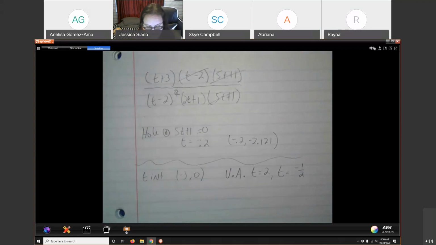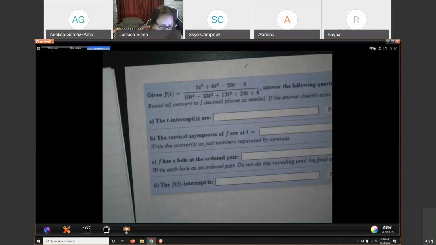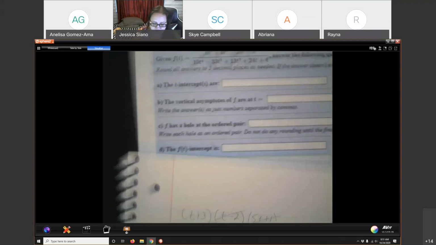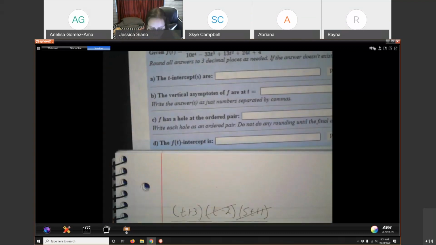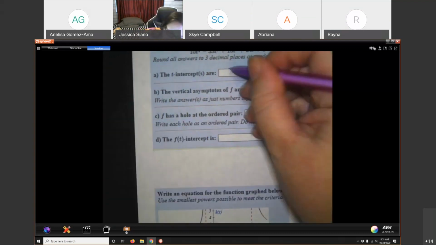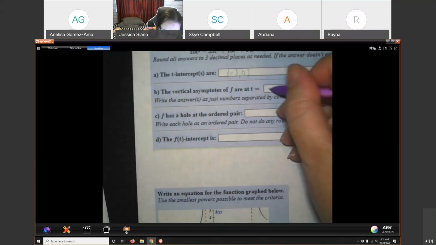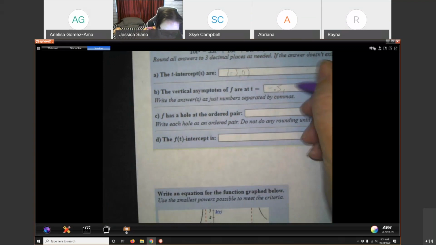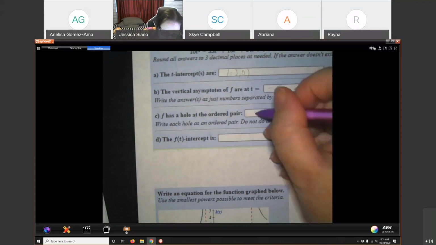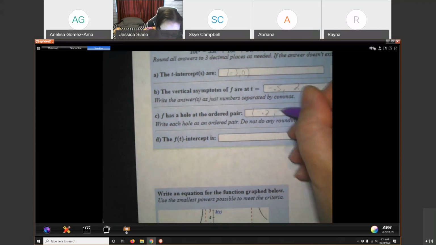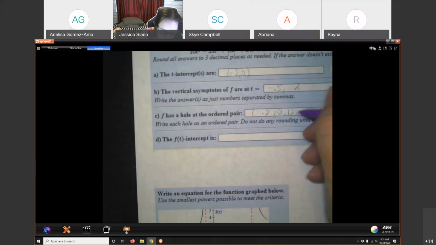Okay, let's fill in. So we have, as a t-intercept, negative 3, 0. Vertical asymptotes at negative 0.5 and 2. A hole at negative 0.2, negative 2.121.